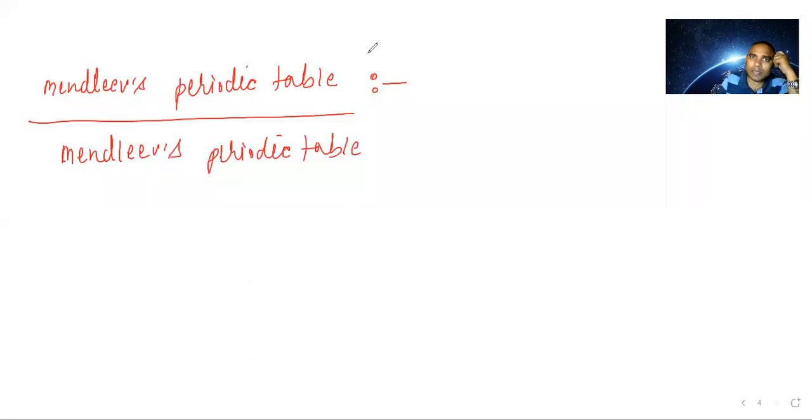Mendeleev's periodic law. We are going to write it. Law means we need to memorize.